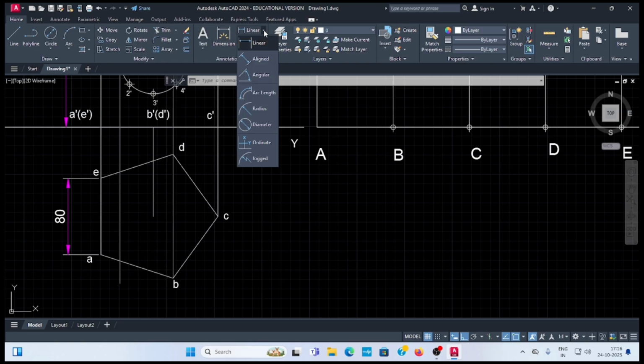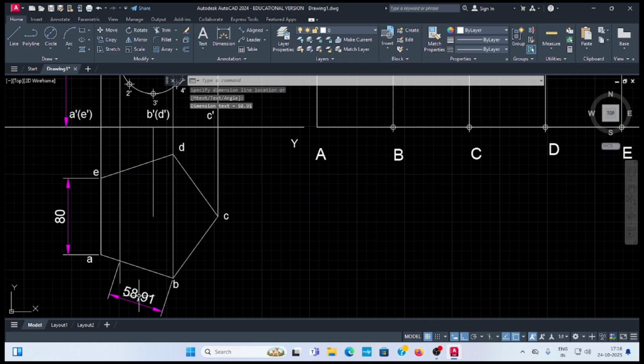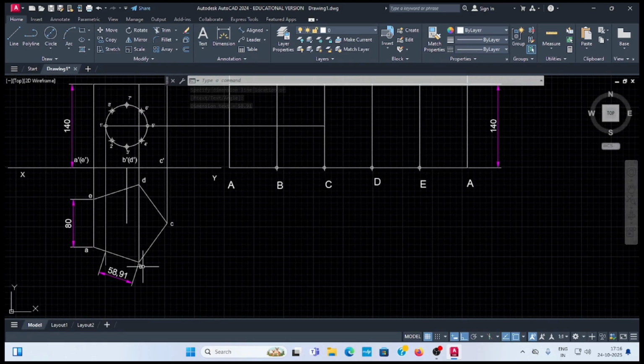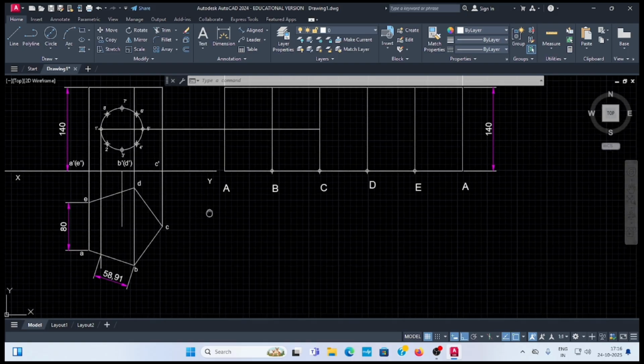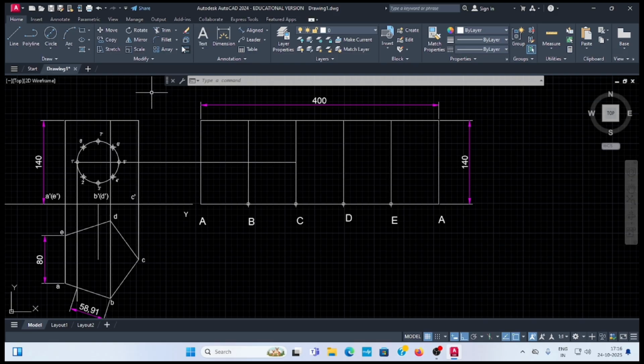Go to aligned dimension, it is inclined, so select aligned dimension. From B to this distance 58.91. This point from B to 58.91, it is B, so go to the offset command, 58.91, 58.91, enter.